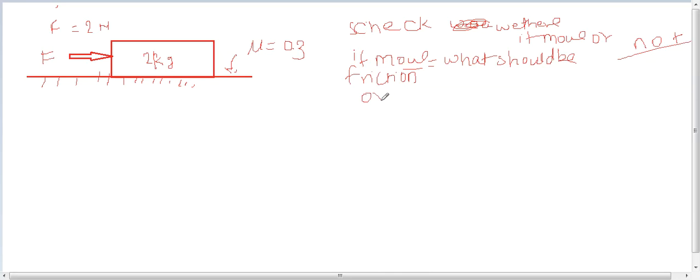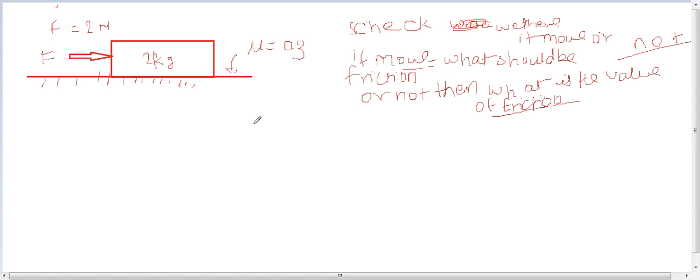Or if it does not move, then what is the value of friction? We have to find all these things. What should be the value of friction?